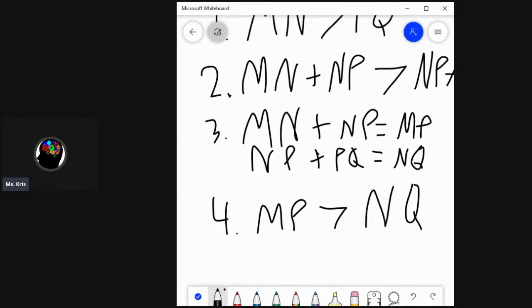We gave a given, we gave a property, we gave a postulate, and we proved through substitution. Any questions?